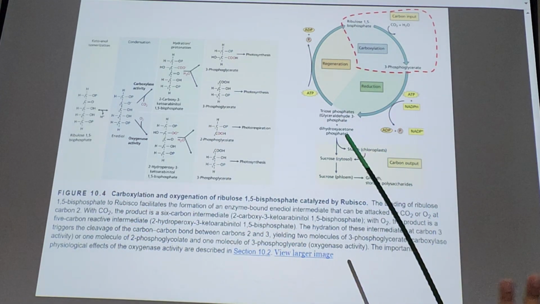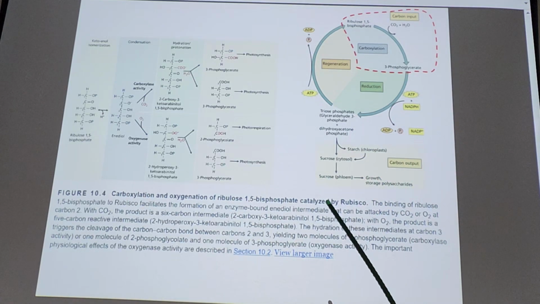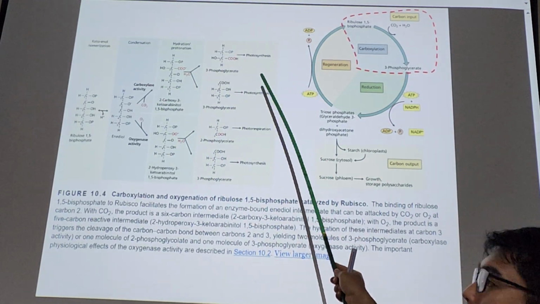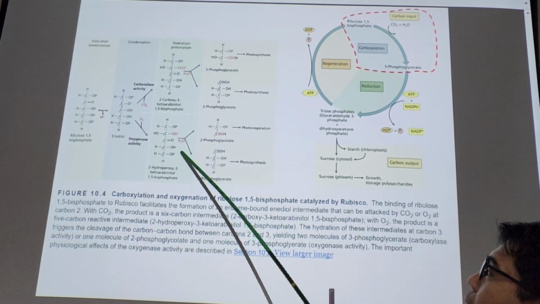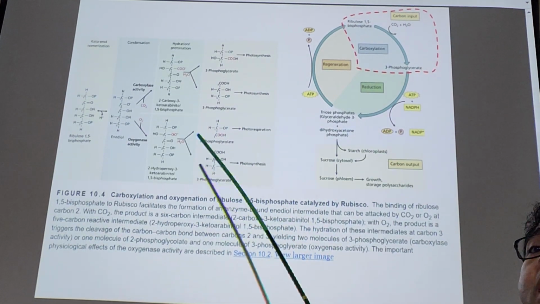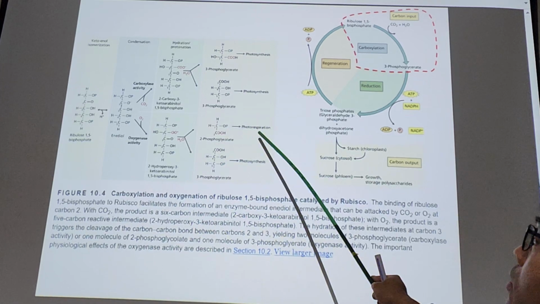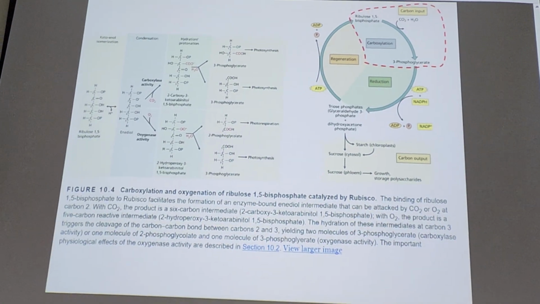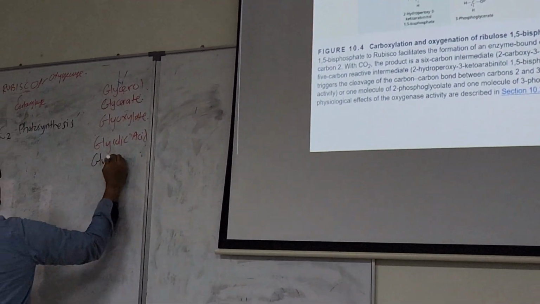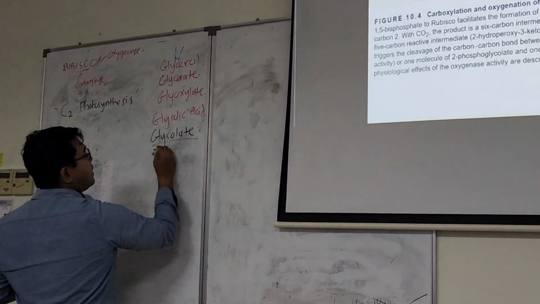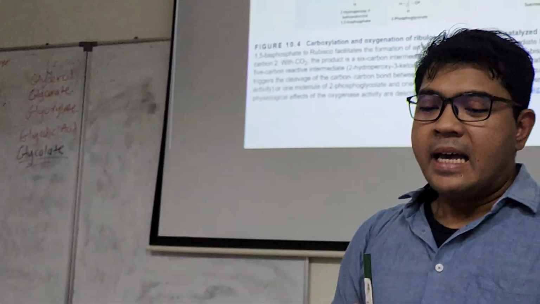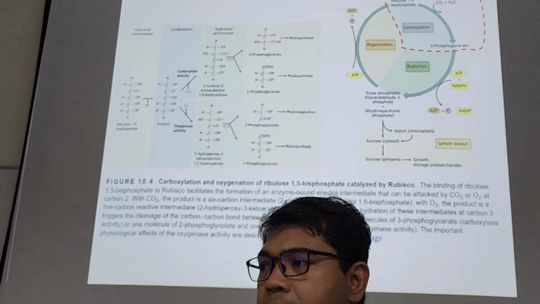So what seems to be the issue here? If it proceeds with this, you get your sugar. But if it proceeds with this, you only get half of the sugar precursor. Not only that, the moment phosphoglycolate, plus another one, glycolate, is manufactured, it's actually a bit toxic.